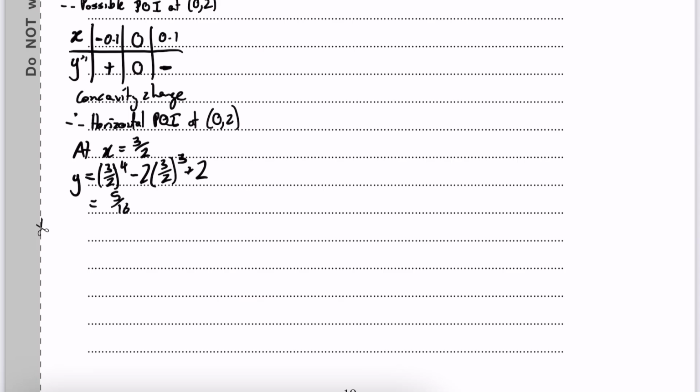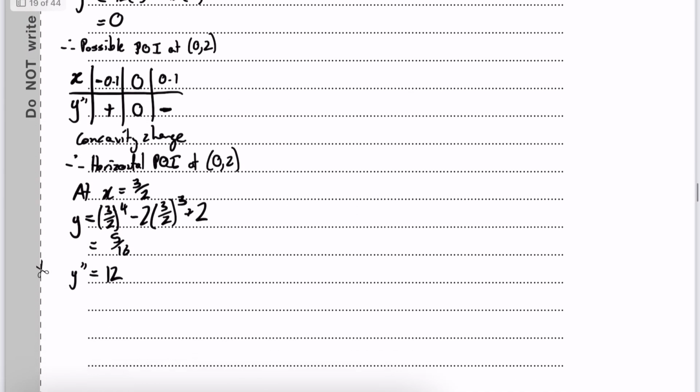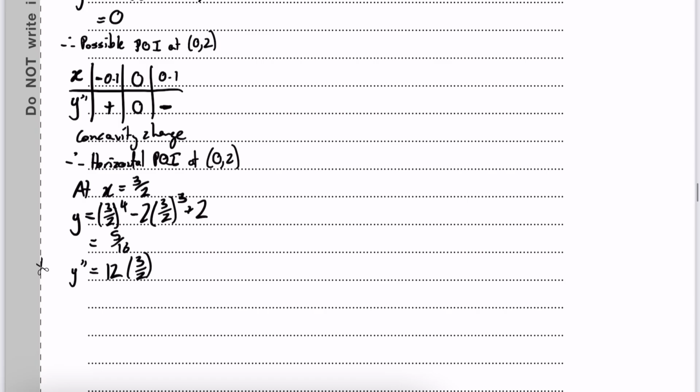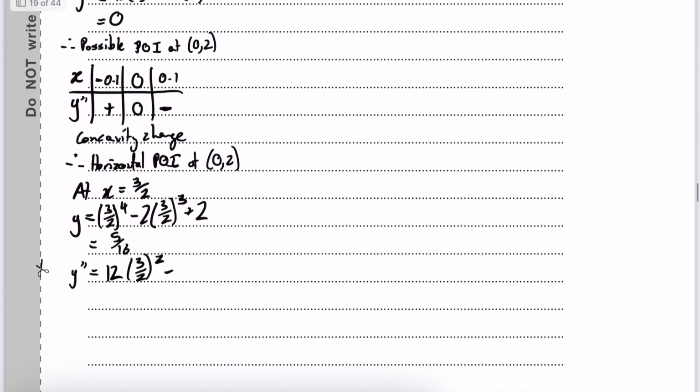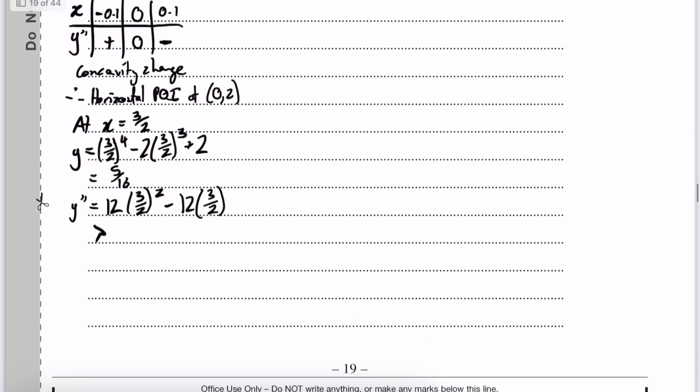And if you figure out y double dash, that's equal to 12 outside of 3 on 2 squared minus 12 outside of 3 on 2. And you don't really need to calculate this. All you care about is the sign, and it's greater than 0. The fact that it's greater than 0 means you have a minimum because it's concave up. So minimum at 3 on 2, 5 on 16. So that's great. We've got our stationary points sorted.